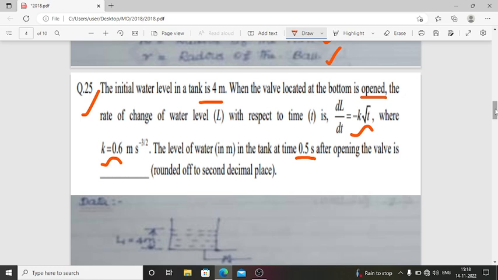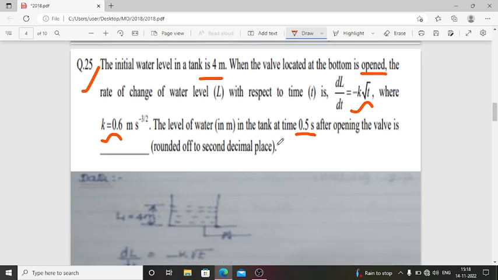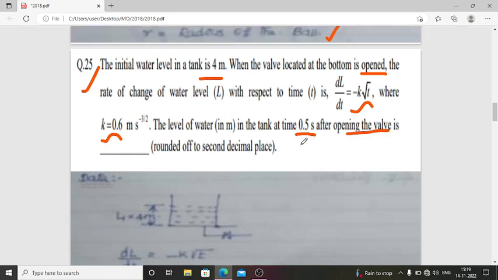The objective of this problem is to determine the level of water in meter in the tank at time 0.5 second after opening the valve. After calculating the level of water, we have to round off the result to second decimal place.